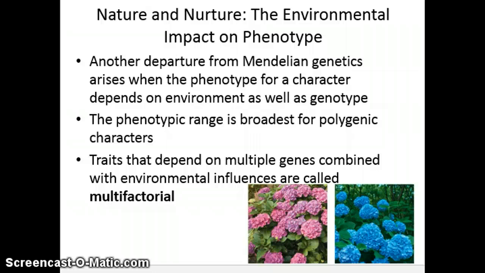That environmental factor will determine what color the flowers end up being. The same plant can express anywhere from pink to purple to blue flowers, depending on what the environmental influence determines. When we have a trait like that, we call that trait multifactorial.